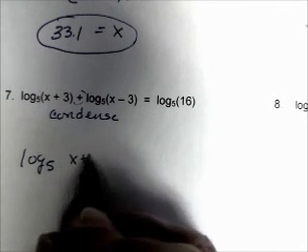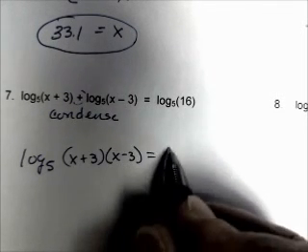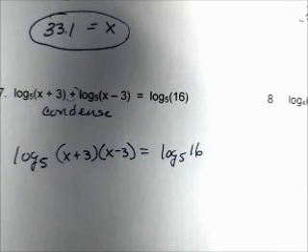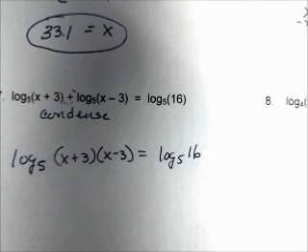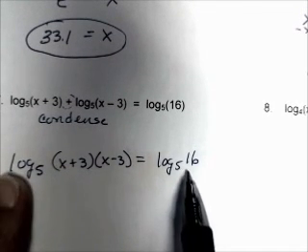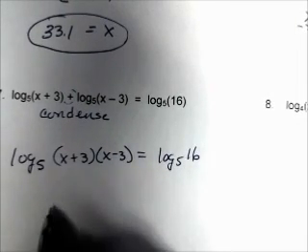So log base 5 of x plus 3 times x minus 3 is equal to log base 5 of 16. We have logs on both sides of our equation. So that means that the arguments, this would have to equal 16.